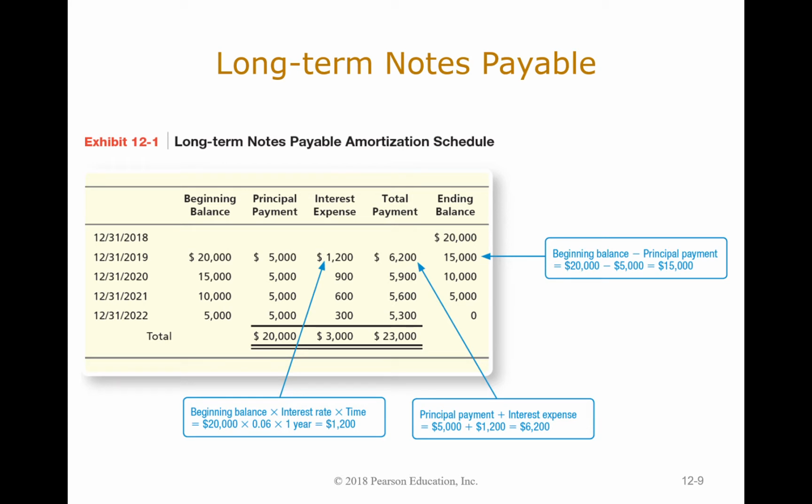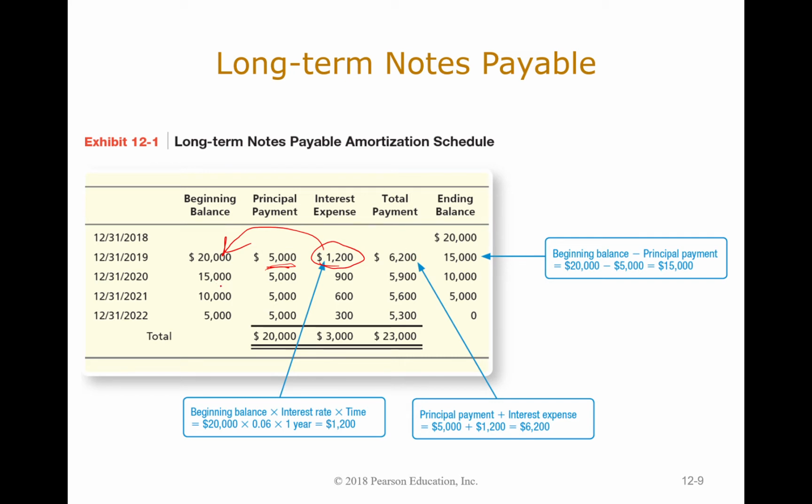So here's an example of an amortization table. Since we're looking at yearly payments, we're seeing interest compounded yearly. This is our 6% multiplied by the beginning balance. And remember, what we saw was a $5,000 payment plus interest, so the first year is a $6,200 payment.